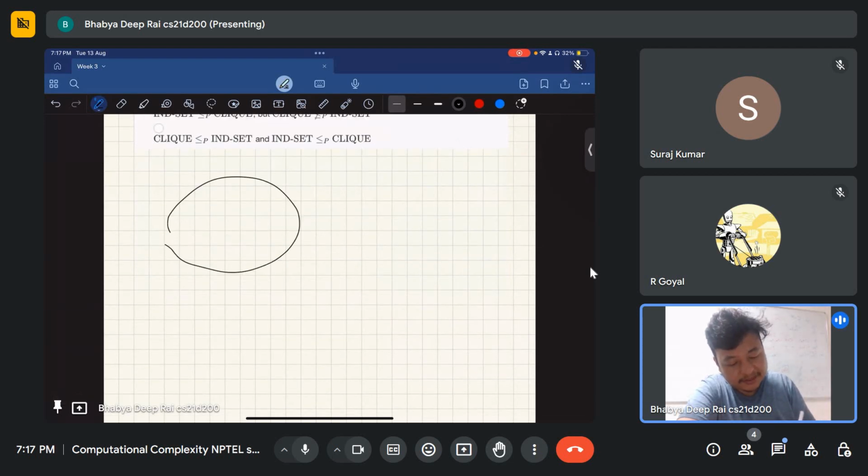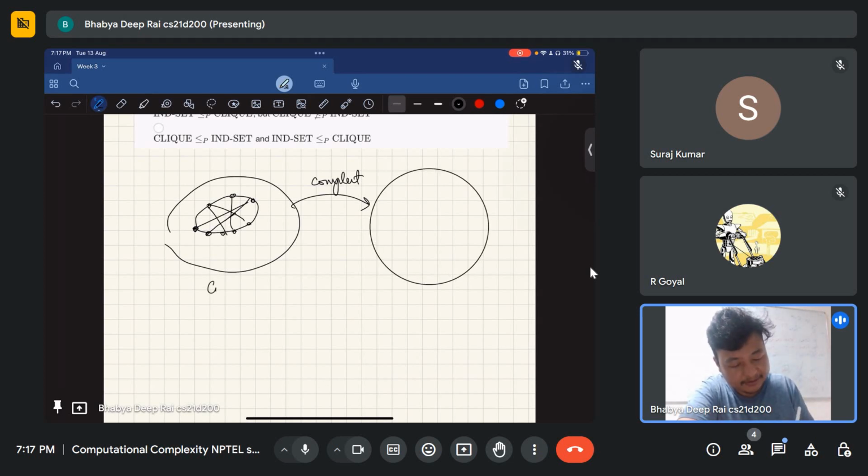So if I have a graph G, I have a clique here. A clique is simply a set of vertices where all of them have edges across each other. It's a small complete graph, in other words. If I take the complement, where there are edges between two vertices, I remove the edge, and where there are no edges between the two vertices, I add the edge.